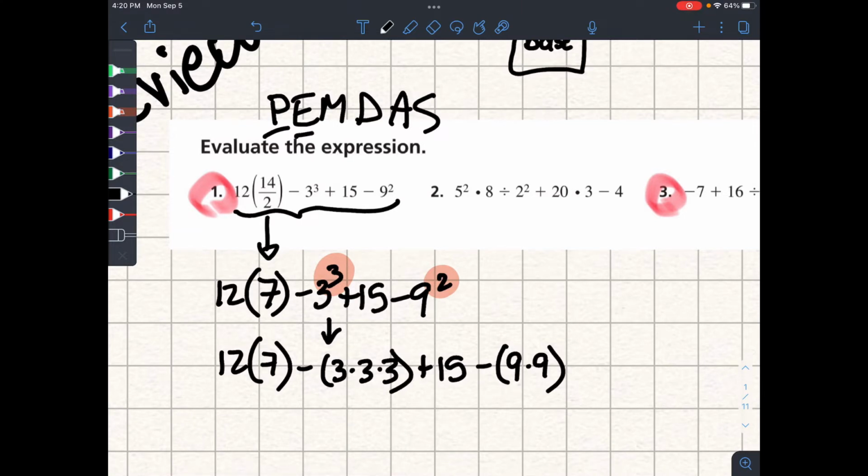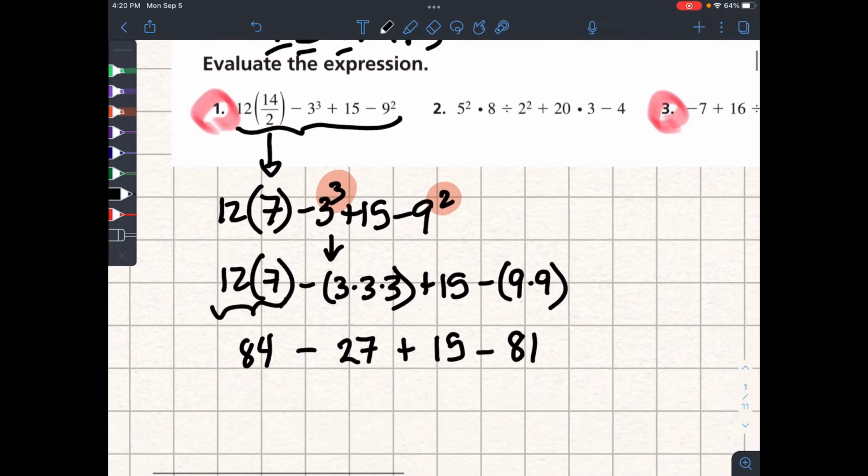So I've dealt with my exponents, now I need to do my multiplication. So 12 times 7, I think it is 84. 3 times 3 times 3 is 27. And we've got a 15, and then we've got 9 times 9 is 81.